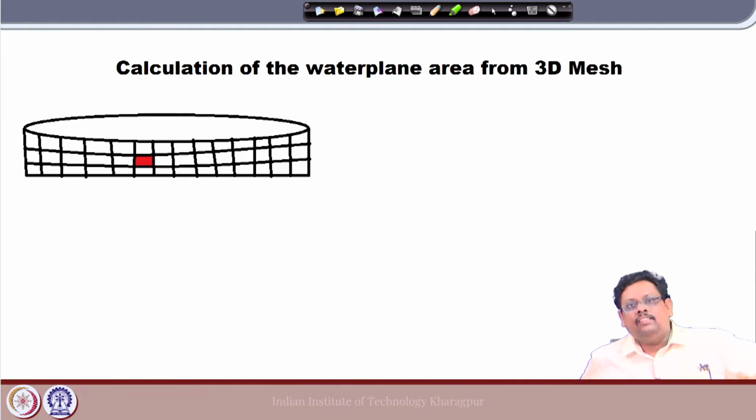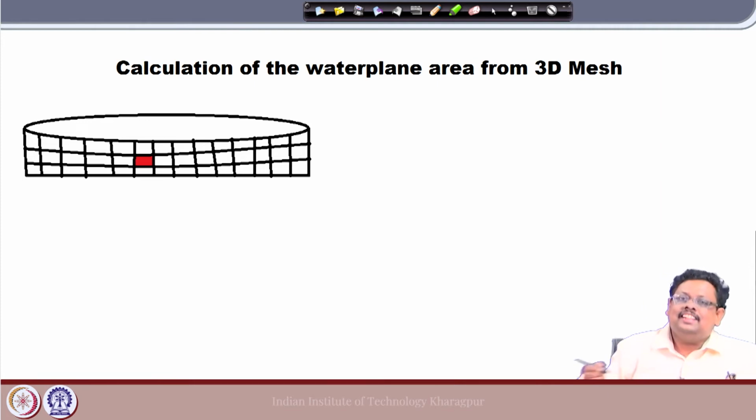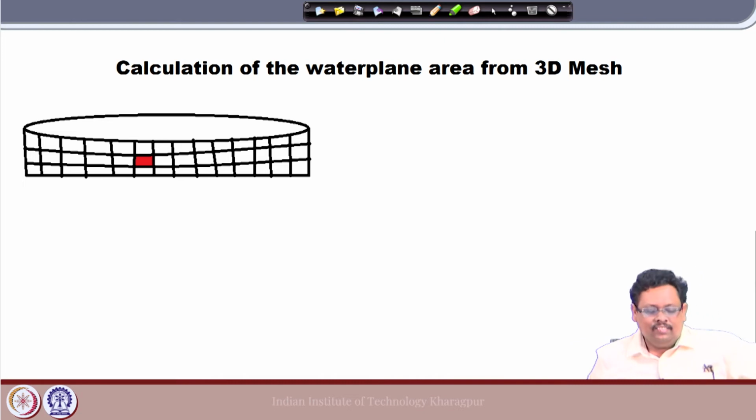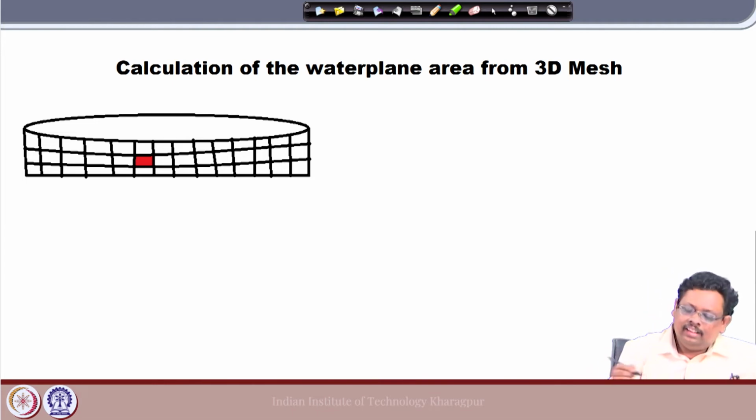How do we calculate the water plane area from the 3-dimensional mesh? Again, this is very interesting. Now the section lines or offset table are not given to you, so you do not have the data for these points.